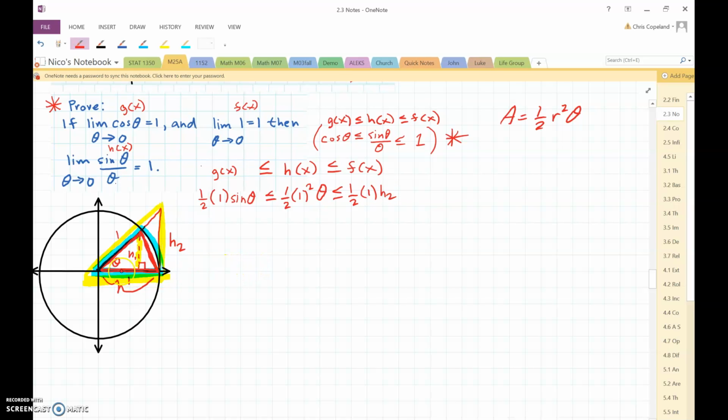See if we can figure out what h sub 2 would be. You think about tangent of theta, that's going to be equal to the opposite, which is h sub 2, all over the adjacent, which is 1. So h sub 2 is equal to tangent of theta.